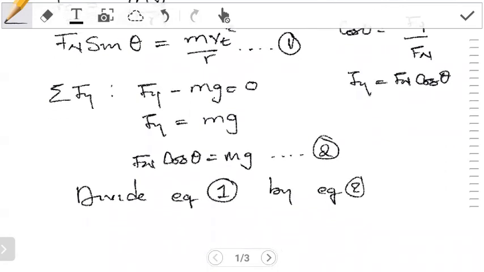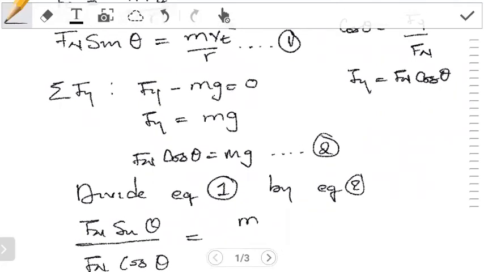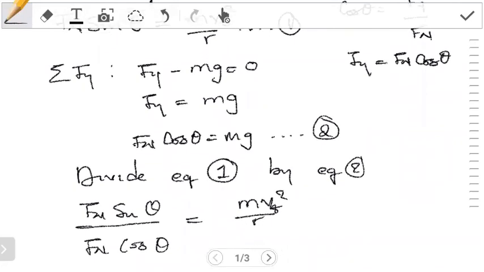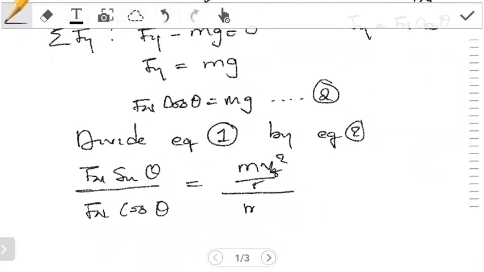So the left hand side is going to be Fn sine theta divided by the left hand side of equation 2, which is Fn cos theta. The right hand side from equation 1, we're going to have m vt squared over r divided by the right hand side of equation 2, which is mg.